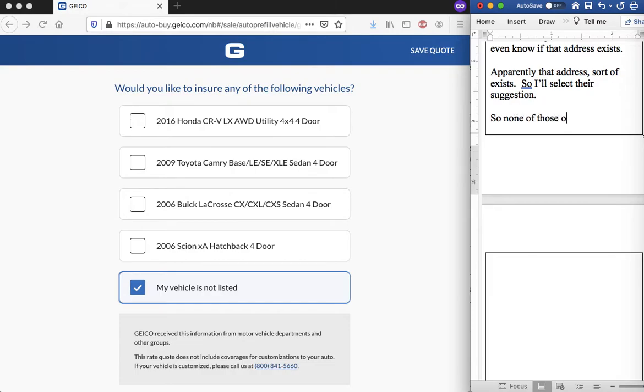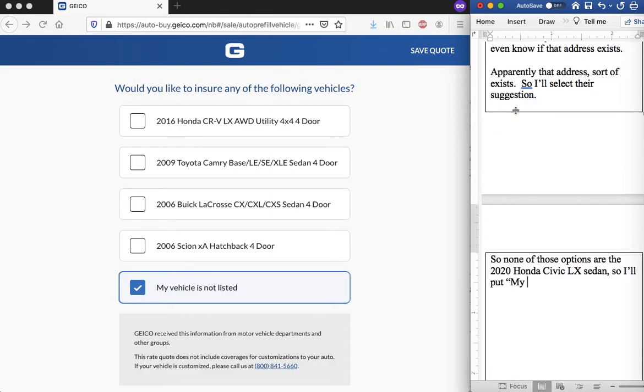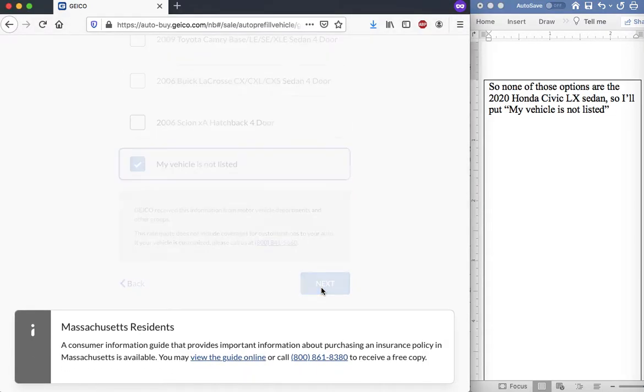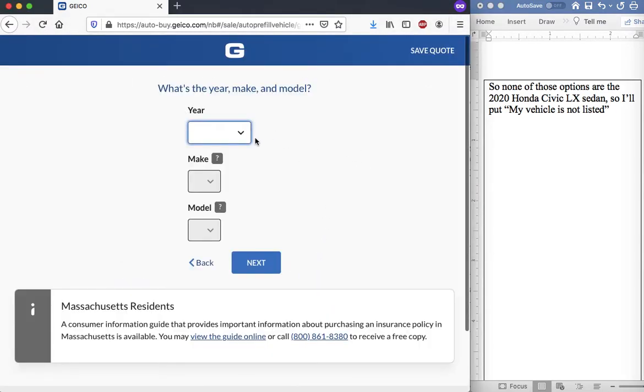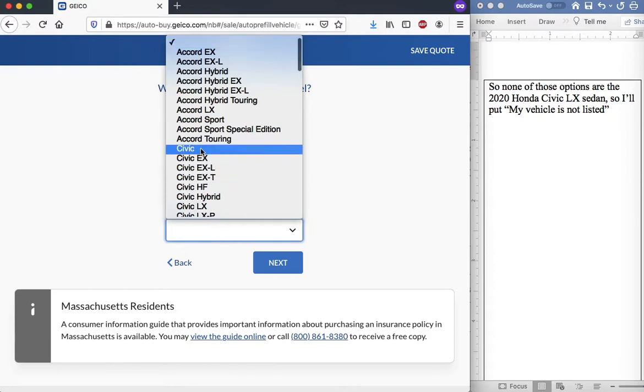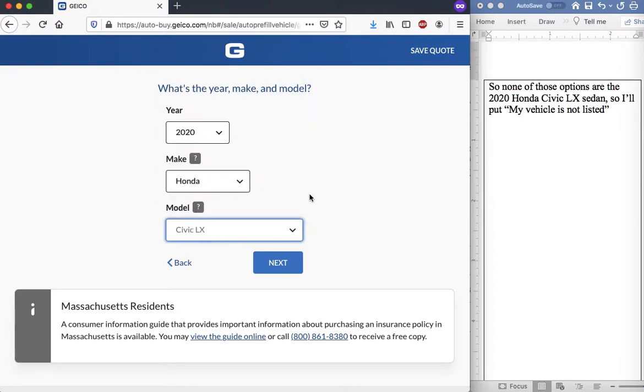So none of those options are the 2020 Honda Civic LX sedan. So I'll put my vehicle is not listed. Yeah.